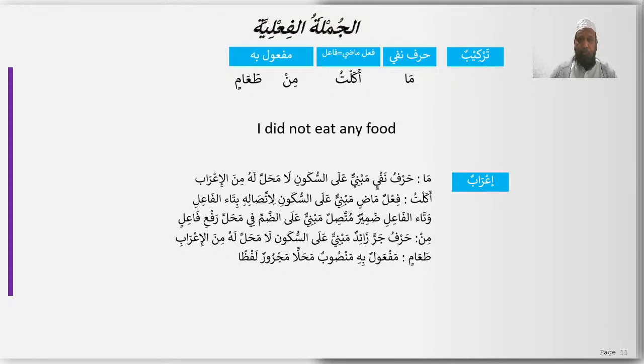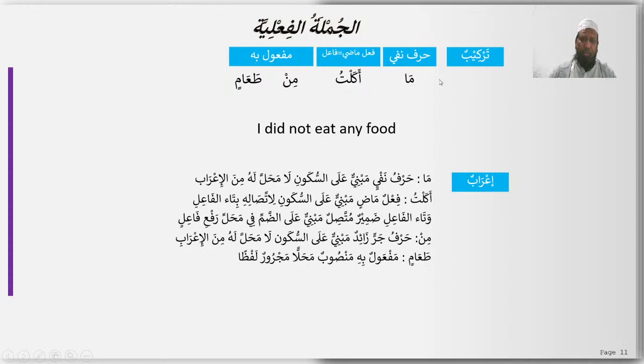Okay, so now understand why min comes as extra: to give a stronger meaning, to emphasize. What is the rule? The rule is min coming after harf al-nafi. Doesn't have to be straight after, it can be after many words, as long as it is after harf al-nafi.